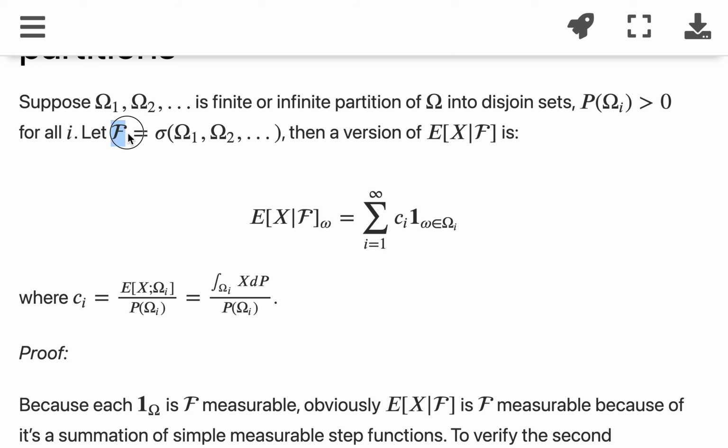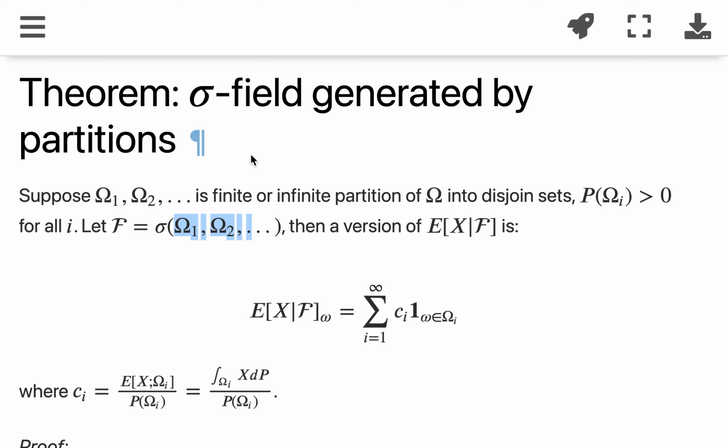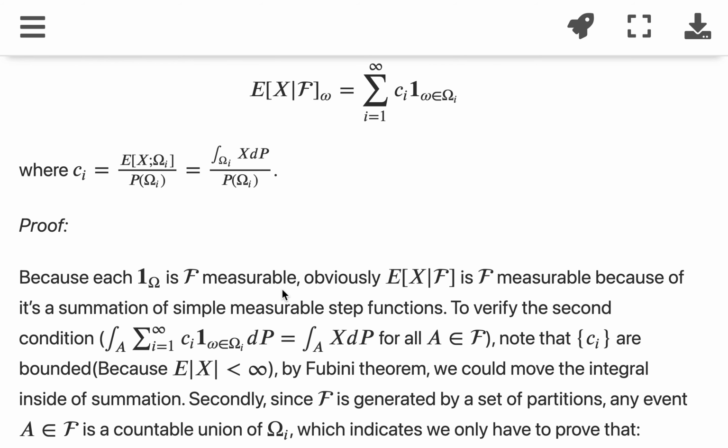In that case, our sigma field F is just generated by the two partition sets, where X is less than c and X is greater than or equal to c, and that's how we calculate our expected value, which is exactly what we see here. So that's an intuitive understanding of why this is the right candidate for the conditional expectation on partition sigma fields. And then we're going to prove it.